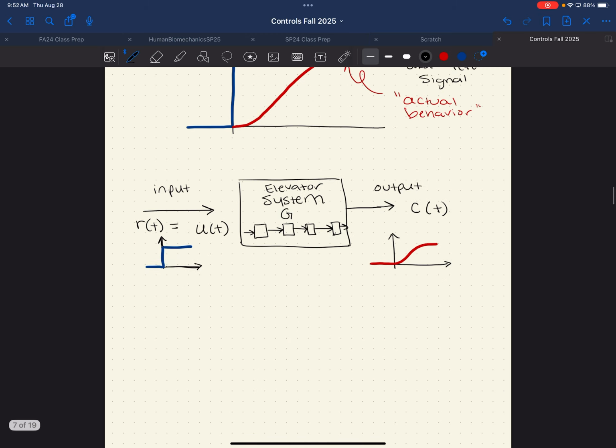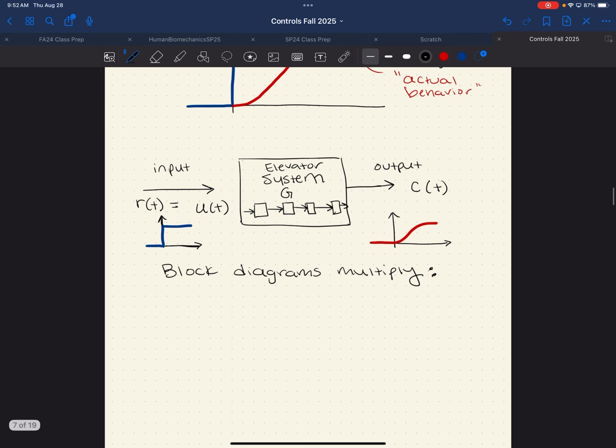So let's dive into what that means a little bit. I'm going to say block diagrams multiply. And I know that's a little vague, so here's what I want you to think about. I want you to think about the way that we abstracted what's in that elevator system box as being this ratio of output over input.